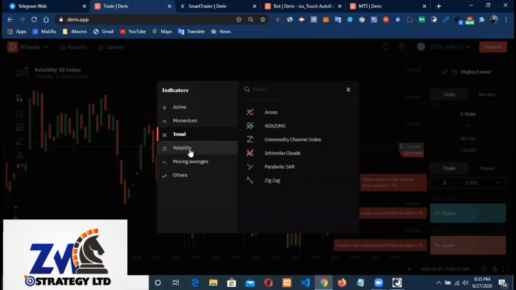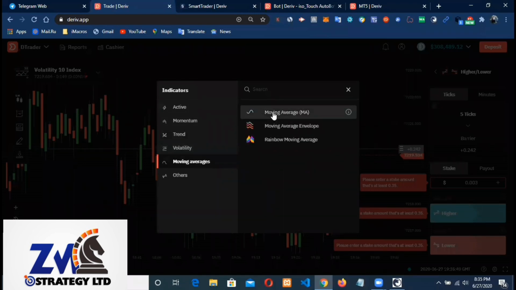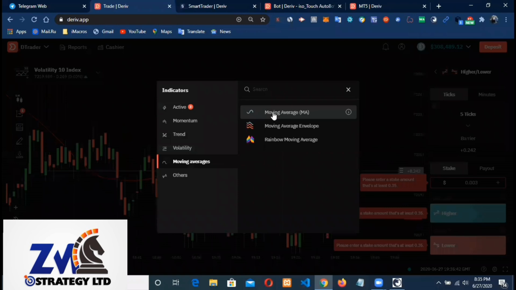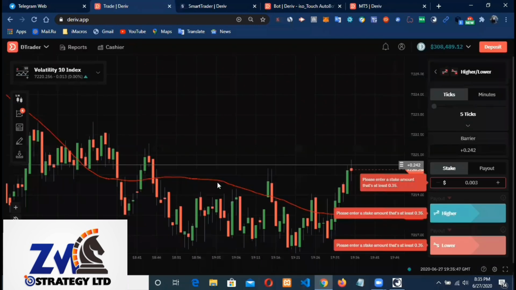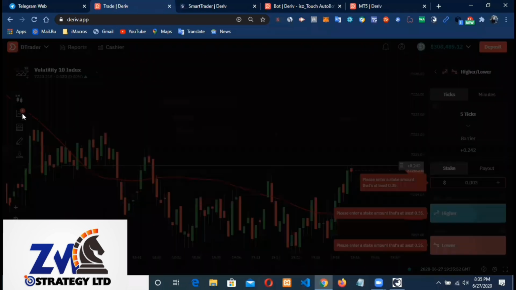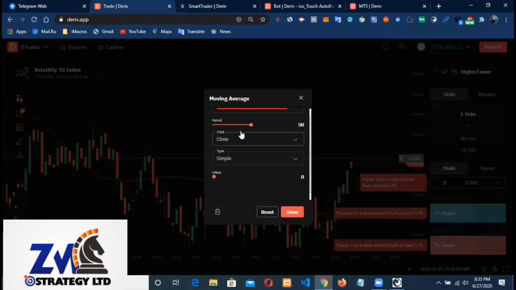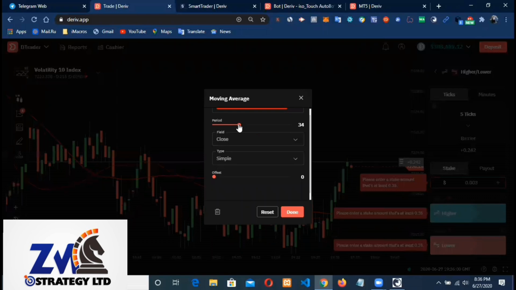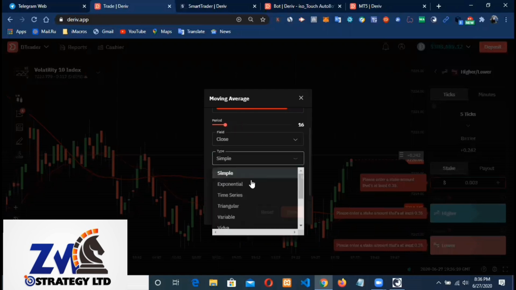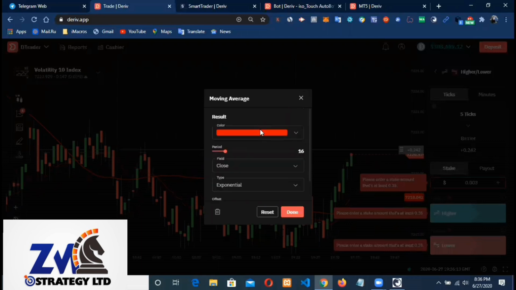Let me say we are using moving average 16. We are using exponential, and we are using red.